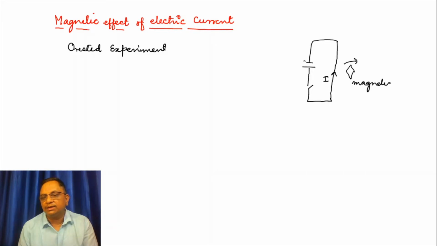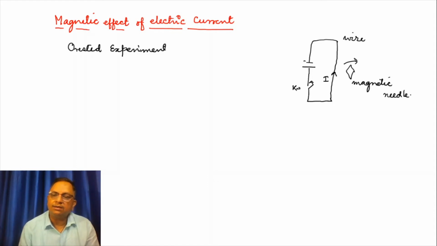When you pass the current through a wire, the magnetic needle gets deflected. Here it is the key and here it is the cell or battery. When you pass a current, you find that it is creating a magnetic field.